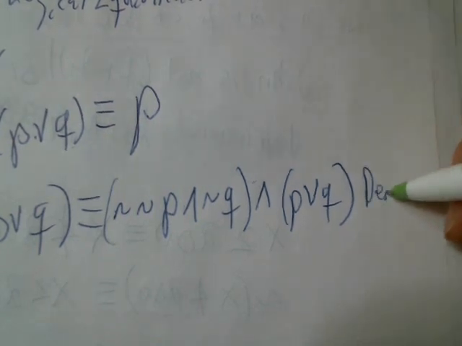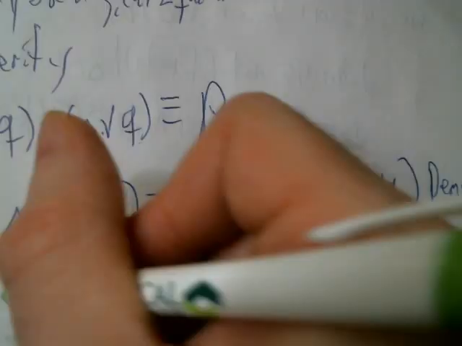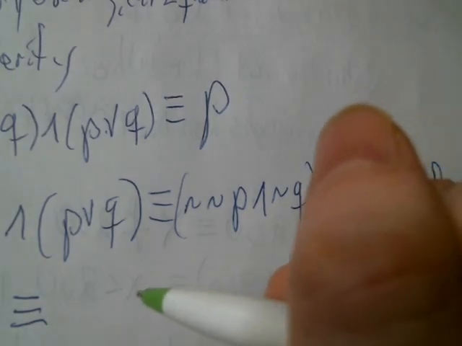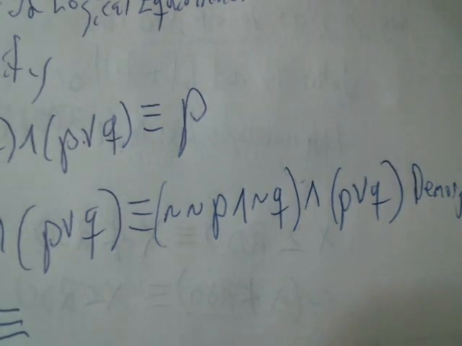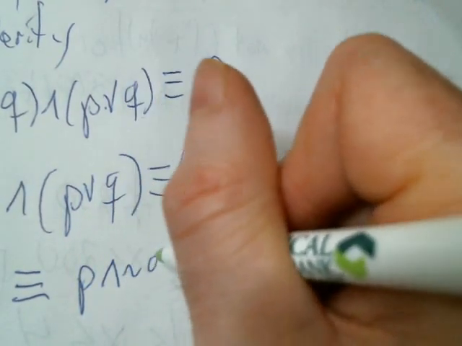Okay, and then we can simplify this not P. Not P is going to be the same as, if the book bothers with that, the double negative law. So not P is the same as P. So P and not Q.